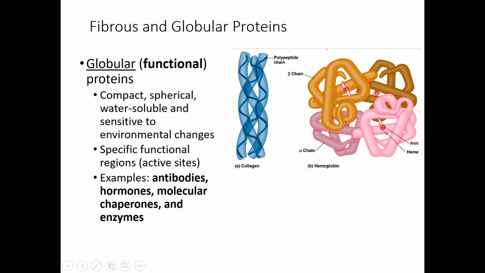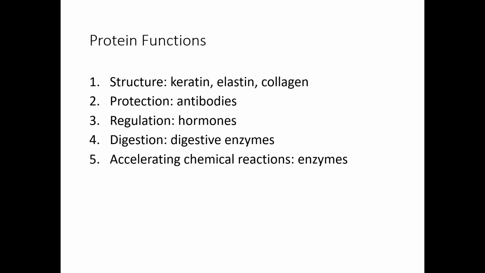They have specific active sites, so some other molecules can join them. Examples would be antibodies protecting us against bacteria and viruses, hormones for regulation, molecular chaperones, those would be for folding proteins, and enzymes. As you remember, enzymes are used to speed up chemical reactions.